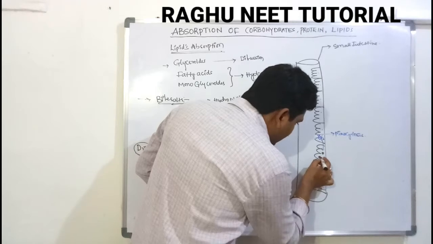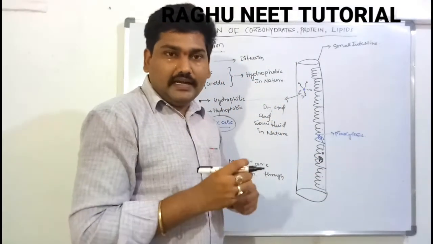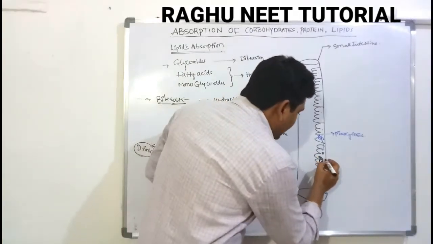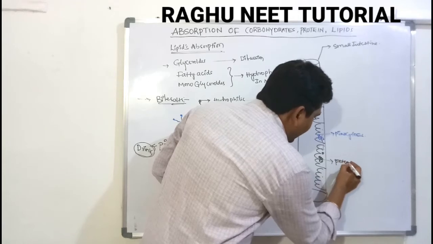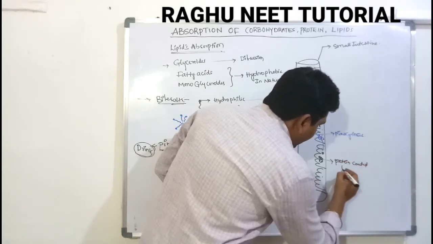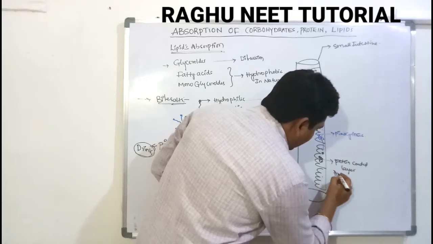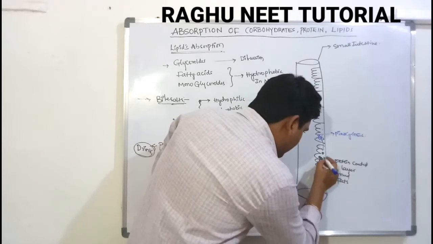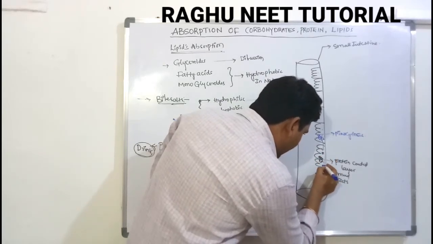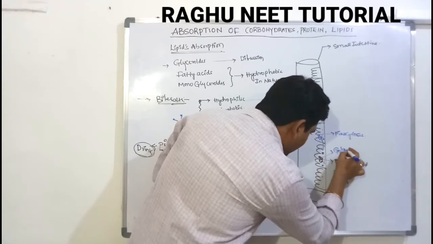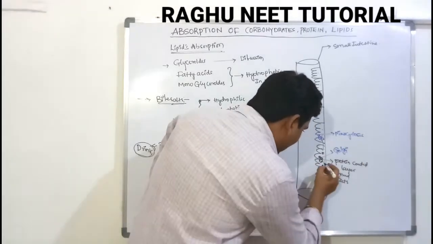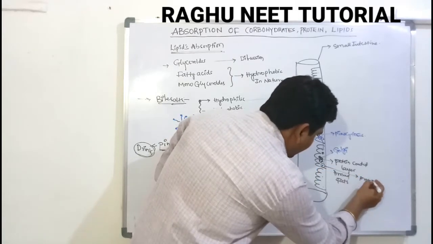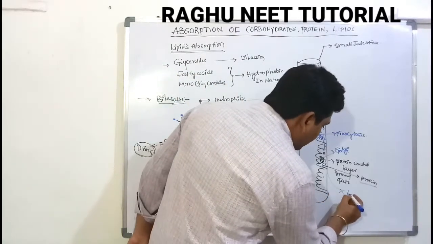These Golgi bodies form a layer around the fat, around the fat cells. The Golgi bodies produce a protein molecule, a protein-coated layer around the fats. Through the action of the Golgi body, the fatty acids are completely covered by a protein membrane. This is called a chylomicron.